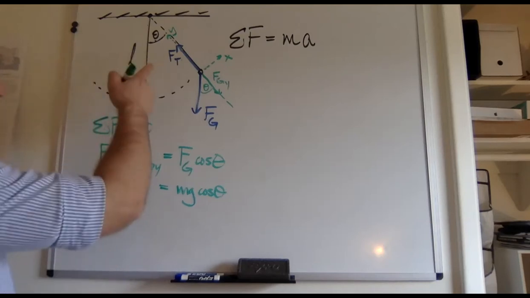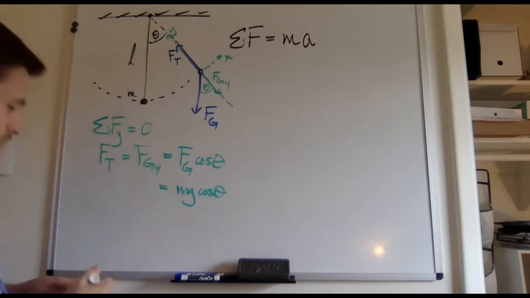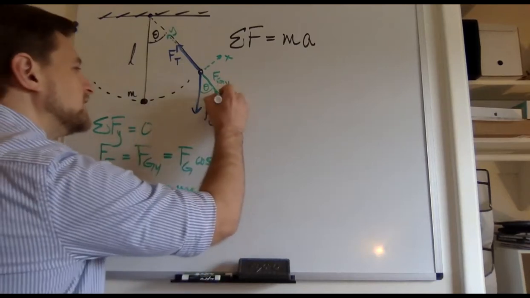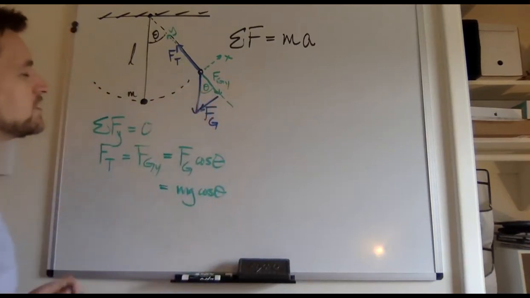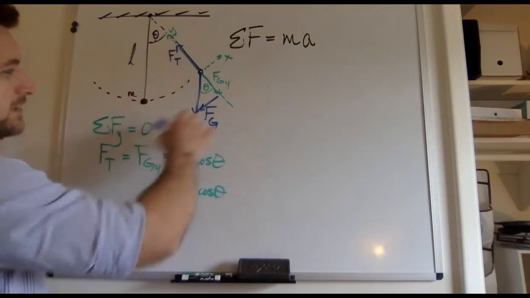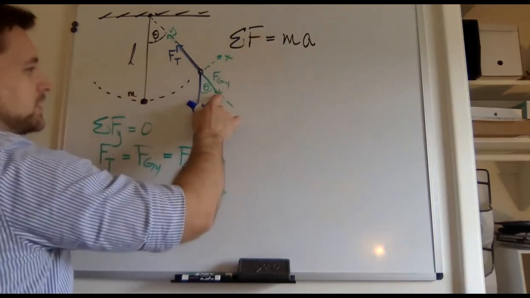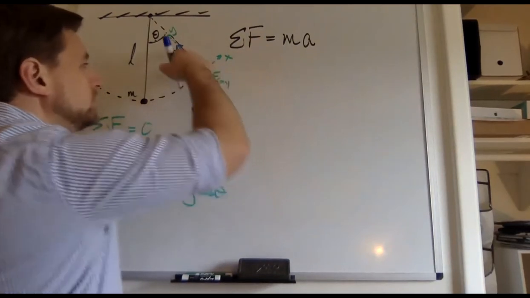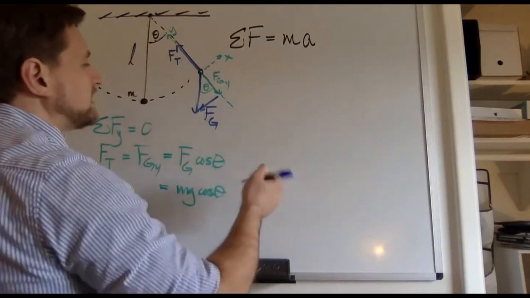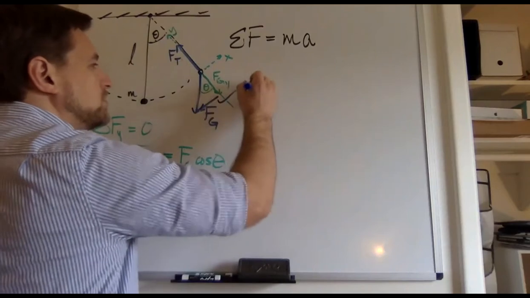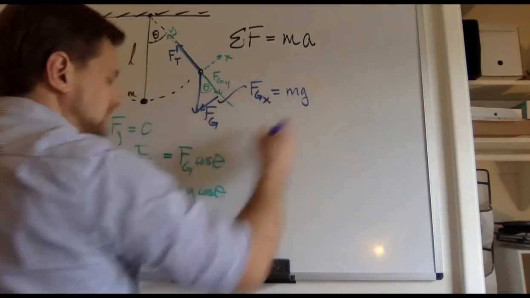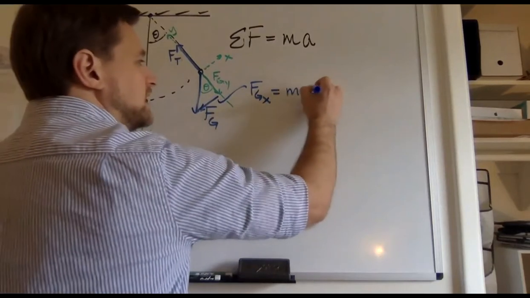So now we know what the tension is, but what about the missing piece of gravity? What about the other component of gravity? Because there's no way for that component to be canceled by the tension. If we're going to have net force, I think that's where it comes from. The only component that isn't canceled by anything else is the x component of gravity. In other words, mg, not cosine, but sine.